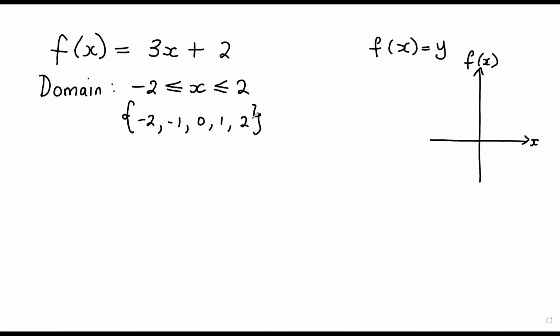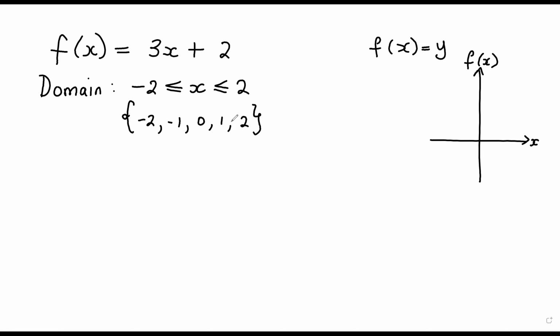Those are my x values. So my domain is that, right? Now, my range will include all the values of y that I get when x goes from negative 2 to 2.